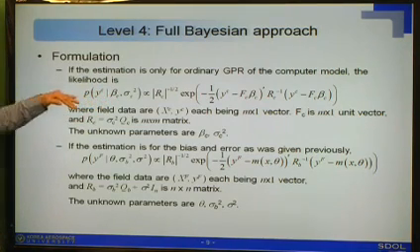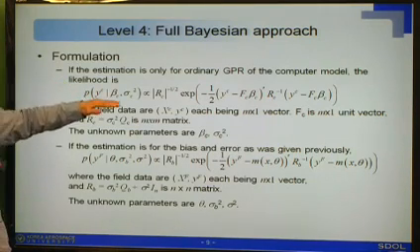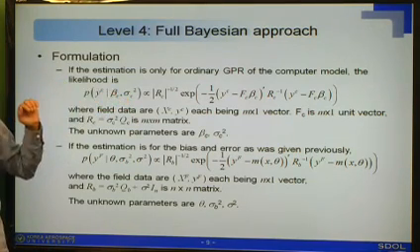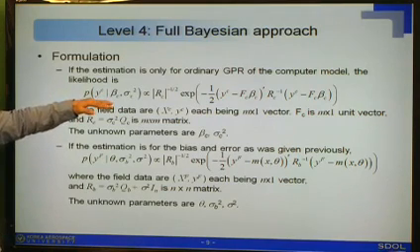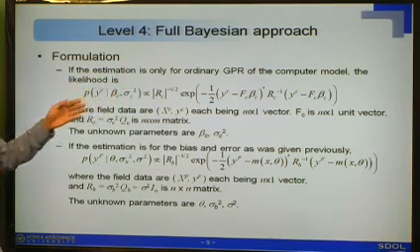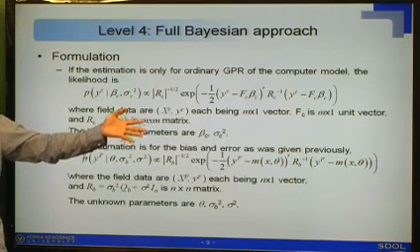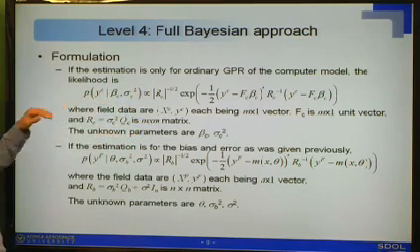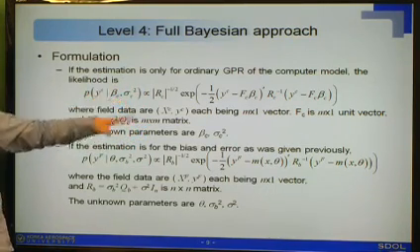And this is the central part. This is the most important equation, the likelihood. Using this, we go through Markov chain Monte Carlo and get samples of the unknown parameters, and the rest is the same.